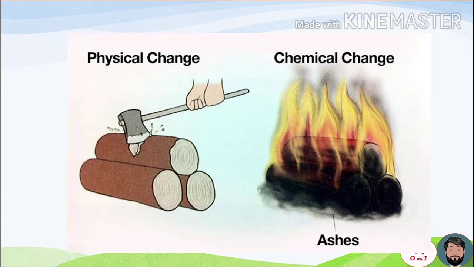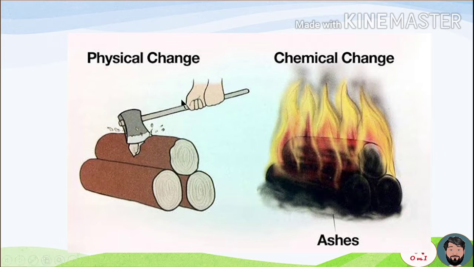So here is the example, or you can say here is the difference between physical change and chemical change. What is the physical change and chemical change? There is a simple example of wood: a log of wood, when we cut it down into two pieces, it is called physical change, because there is no change in its composition. Wood will remain wood.